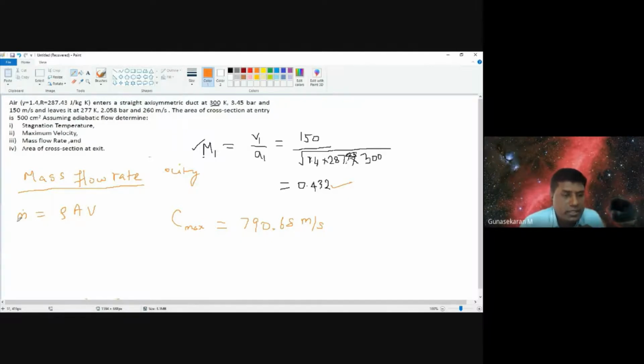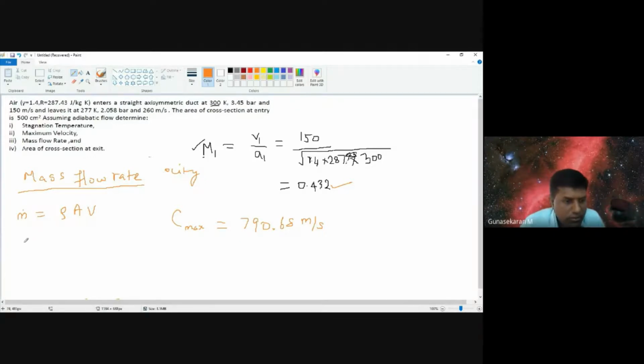Your mass flow rate will remain constant throughout. That is the law of conservation of mass. So by using this formula, we have to find out.